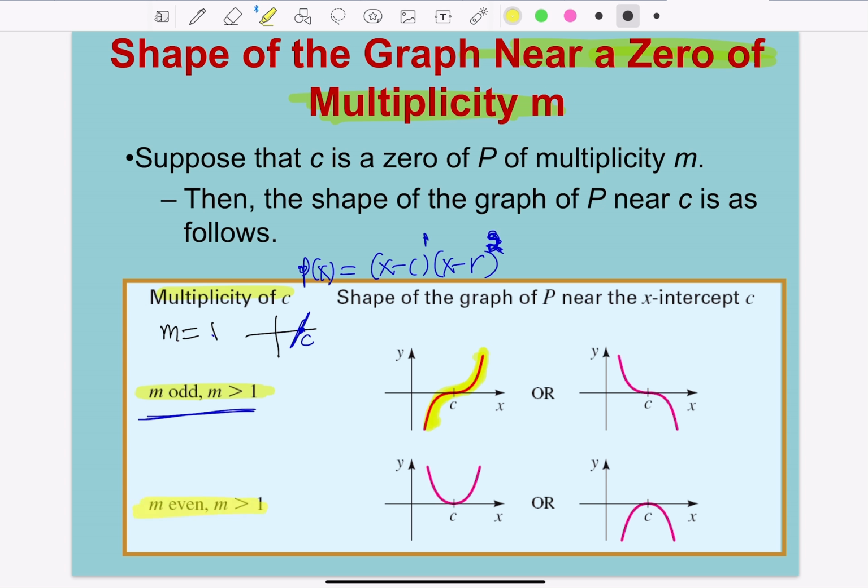For even multiplicity, your graph is not going to cross the axis at that point. It's going to touch and bounce back. Again, if the multiplicity is higher, for example, if it's 4, it's going to be a bit slower when touching and bouncing back. So you'll see a little flatter curve at that point if multiplicity is higher.